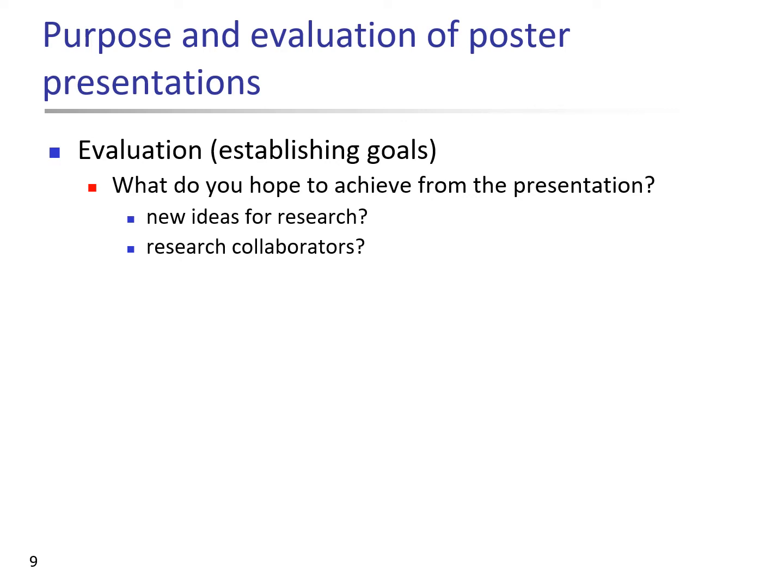So when you're introducing your poster, you're thinking, could you work with this person? Can they help you? Maybe you're hoping that the audience will be a funding agency, or maybe somebody that can give you an award, maybe the conference evaluation committee, maybe you want some fame from the poster. You should be thinking, what do I hope to achieve?